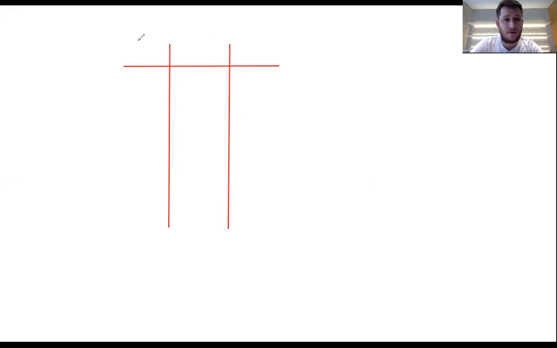All right, so this is going to be price, and this is going to be quantity demanded. Sorry, it's hard to draw with this thing. And then this is going to be quantity supplied. Perfect. Okay. So what we're going to be looking at is pretty simple examples.